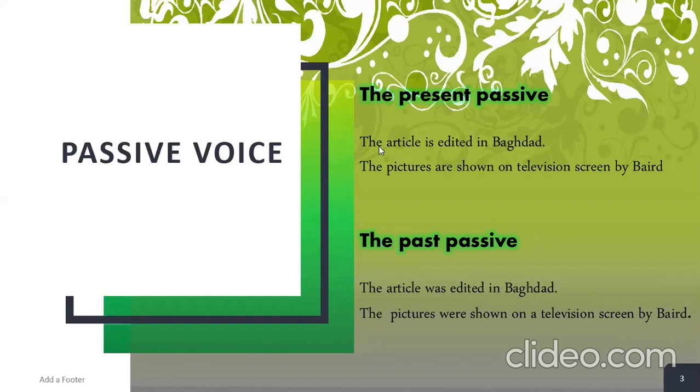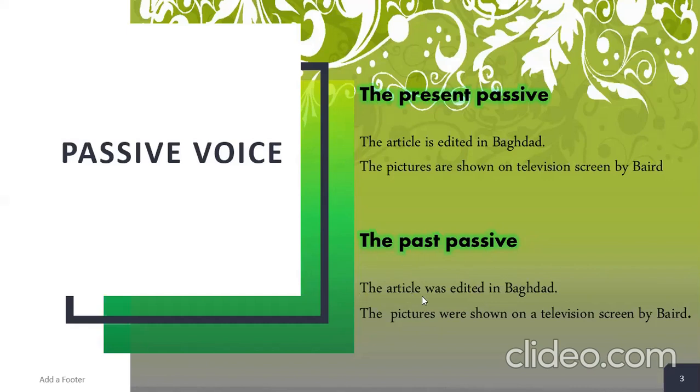Here are examples of sentences in the present passive. Like, the article is edited in Baghdad. The pictures are shown on television screen by Beard. I've taken these sentences from your roundup section in your student's book. And we also studied the past passive.